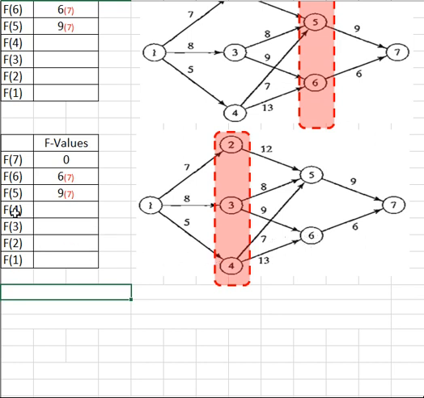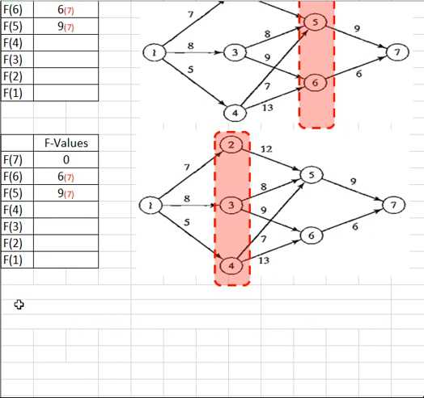For you to get F4, F4 is the minimum value of the distance, its function. Let's repeat. The value of F4 is 7 plus the value of F5, or 13 plus the value of F6. Whichever is smaller, that is what we choose.